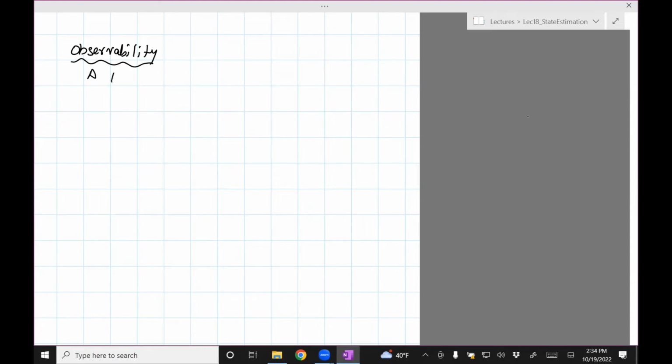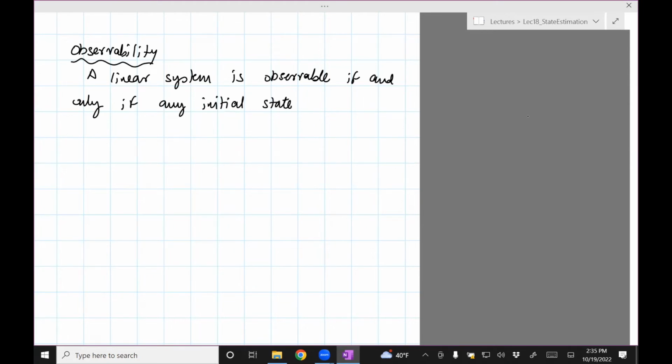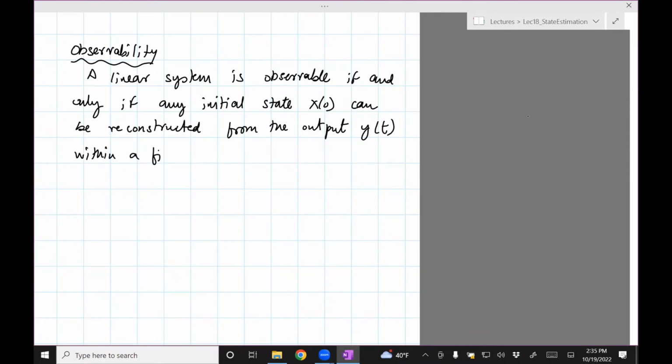Okay, the definition is a linear system is observable if and only if any initial state x of 0 can be reconstructed from the output y of t within a finite time t.